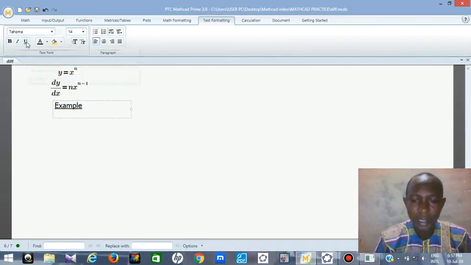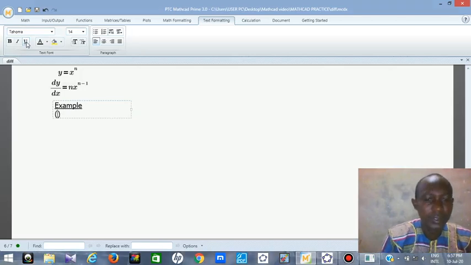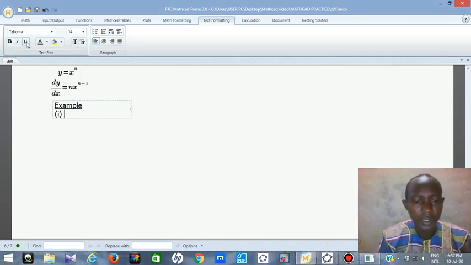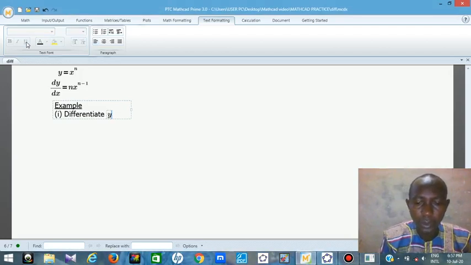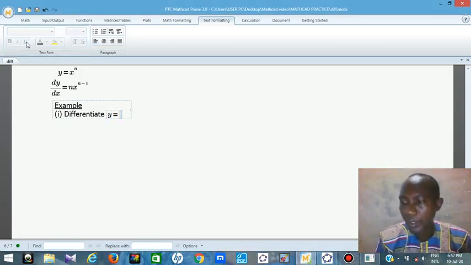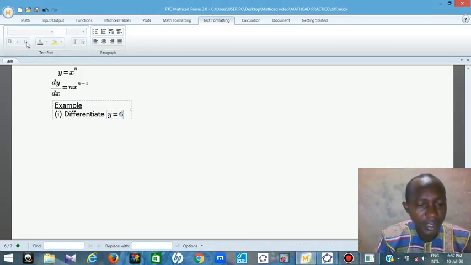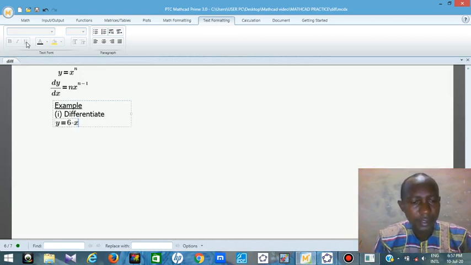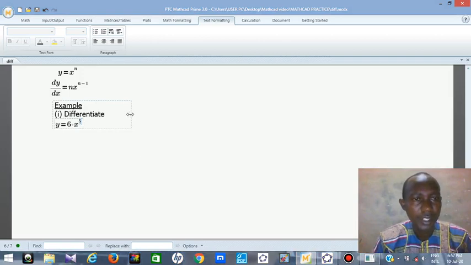Example number 1: assuming I tell you to differentiate y equals 6x raised to power 5. Assuming you are asked to differentiate this, you don't need to waste time on this.